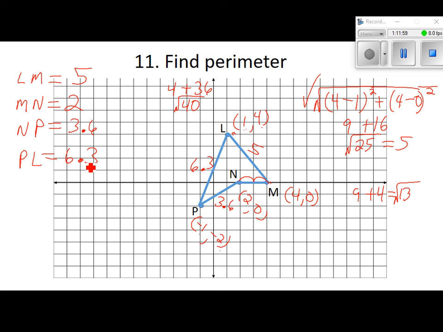We want to find the total perimeter, so all we're going to do is add all those up. 6.3 plus 3.6 plus 2 plus 5, and I get 16.9. So the perimeter of that shape is about 16.9. It takes a little work, but once you get used to doing the distance formula over and over again, it shouldn't be all that difficult.